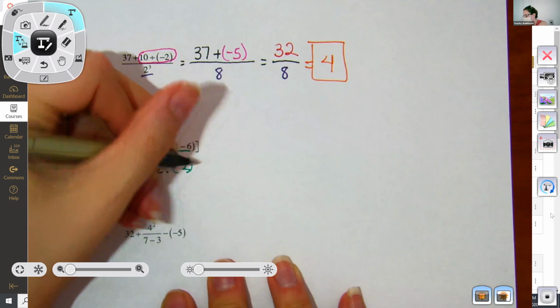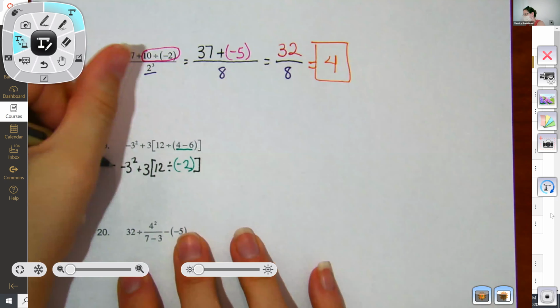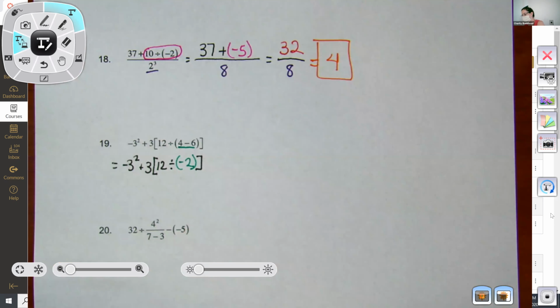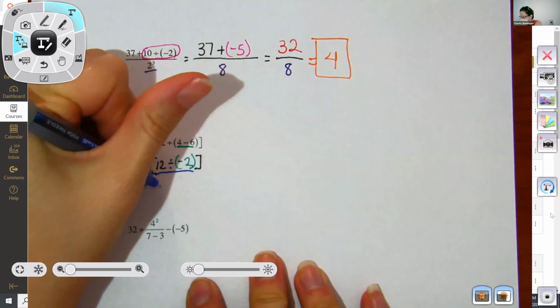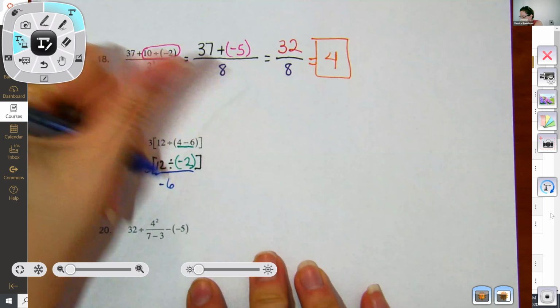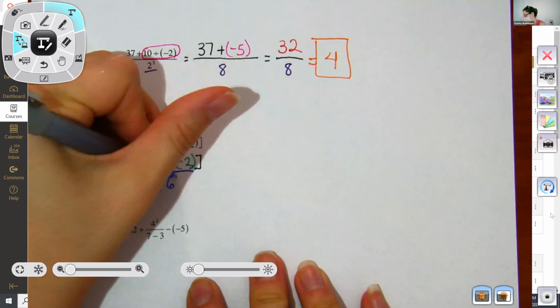So I need to finish doing what's on the inside of the brackets. So I'm going to do 12 divided by -2, which is equal to -6. And I can keep that in brackets or parentheses, basically the same thing.